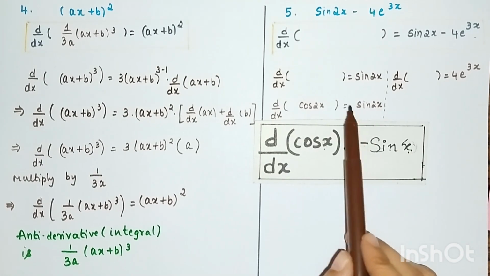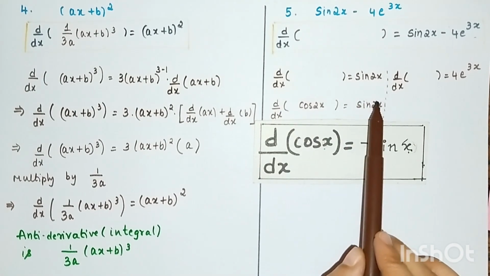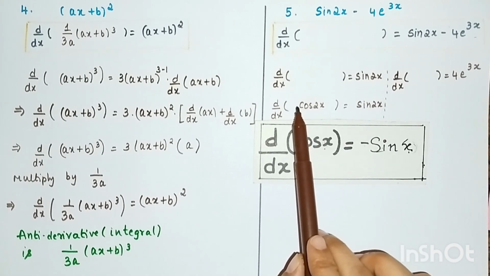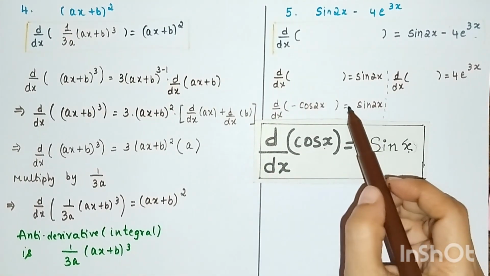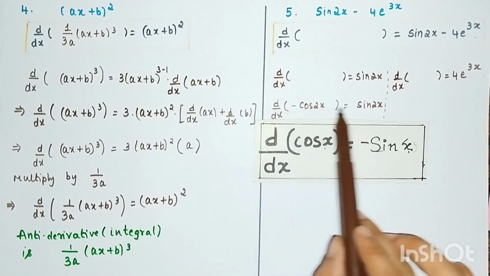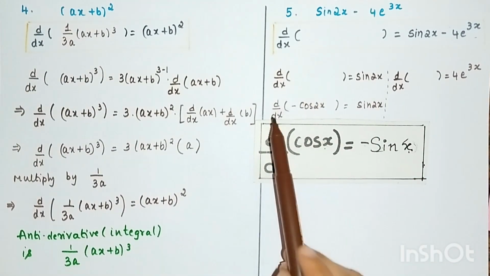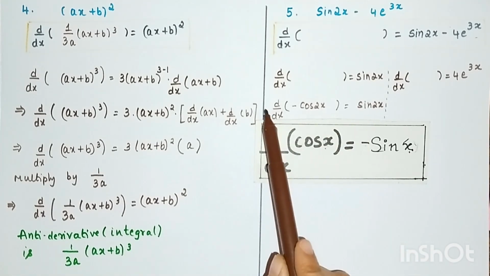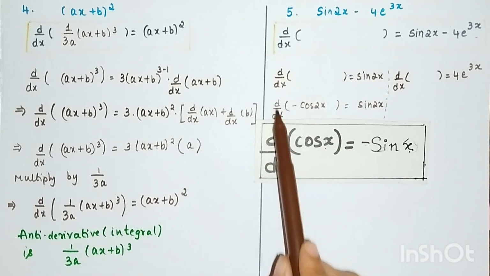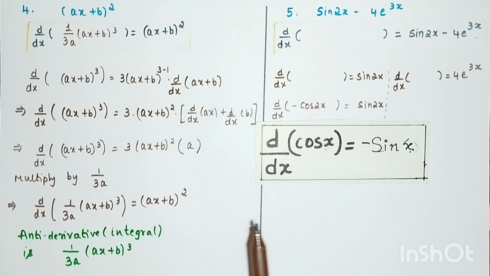Whatever extra thing comes here, we will put on this side. So can I write directly minus cos 2x? If you have a minus, multiply by minus 1 on both sides. So you get minus here and positive here. We bring that minus inside. So the derivative of minus cos 2x is sin 2x.